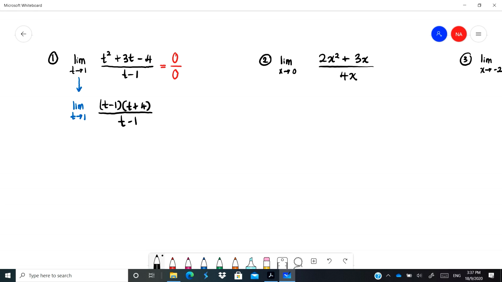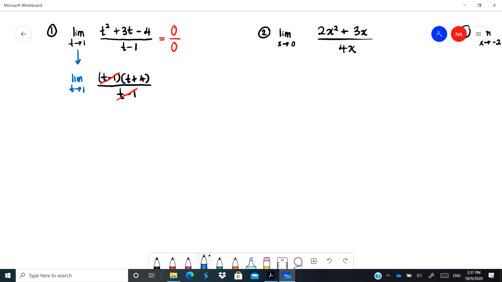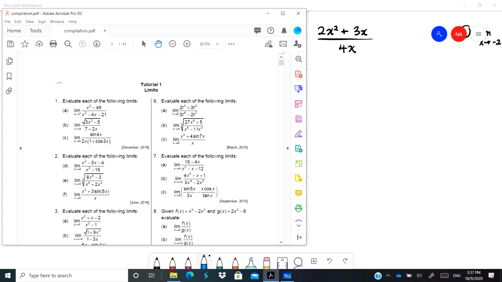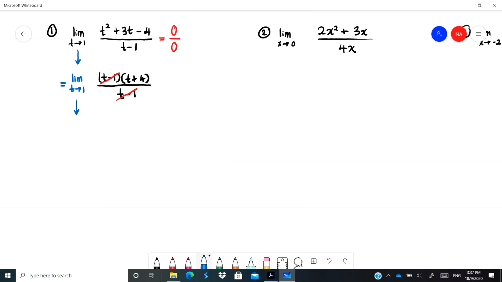Now you can see that this term is the same, so it can be cancelled. You have not substituted the limit yet, so you have to write it back: limit as t approaching 1 of what is left, which is t plus 4 only.